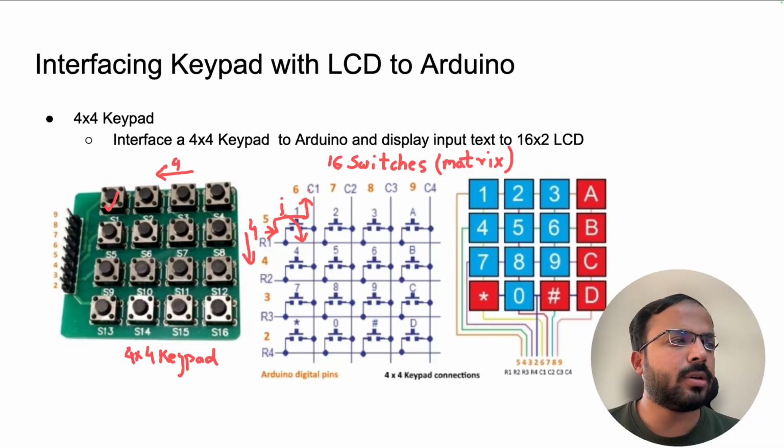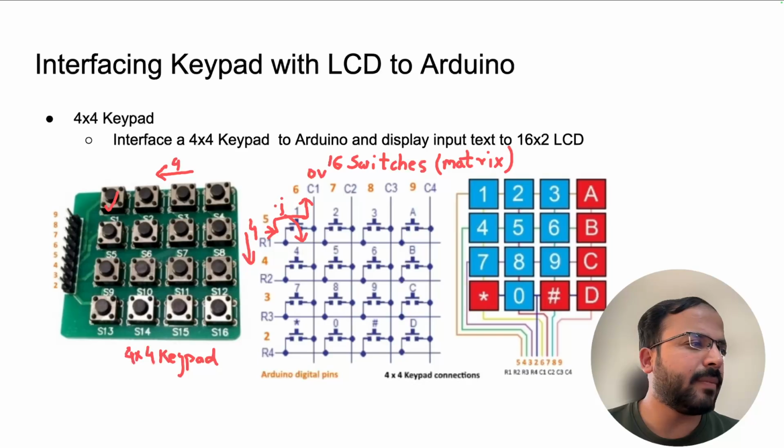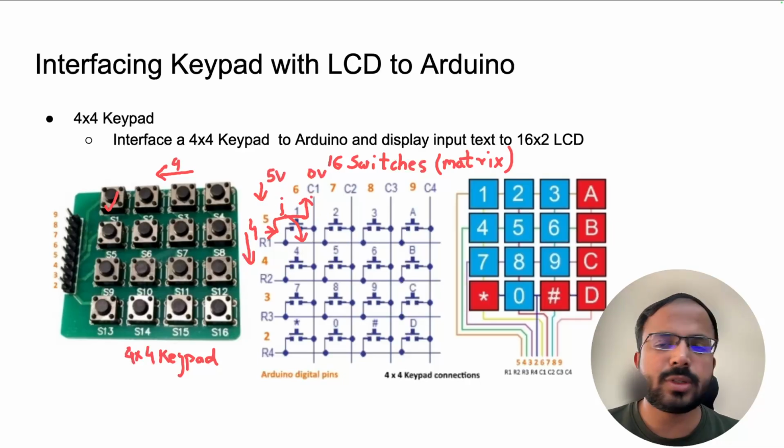So how do we generally scan this? If you apply 0 volts to this column, and apply all the rows as 5 volts, you know that 0 volt was applied to C1, so you sense that column C1 was pressed.